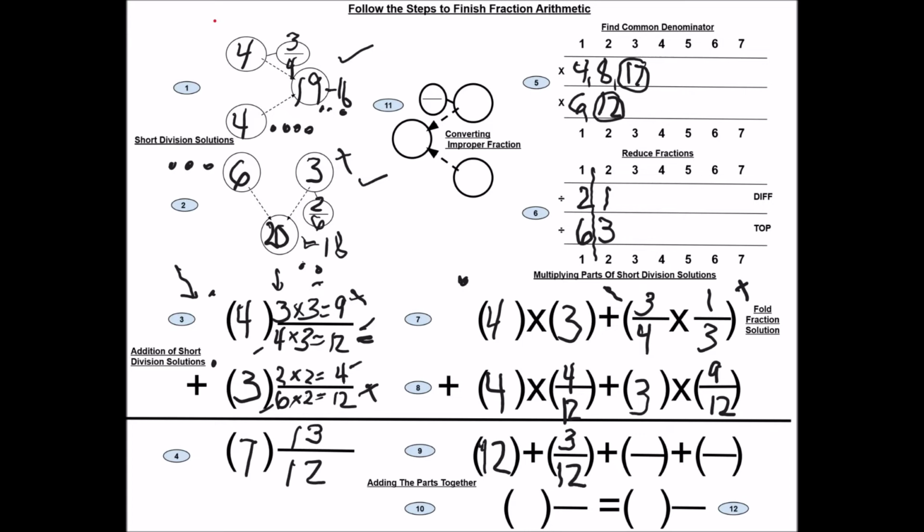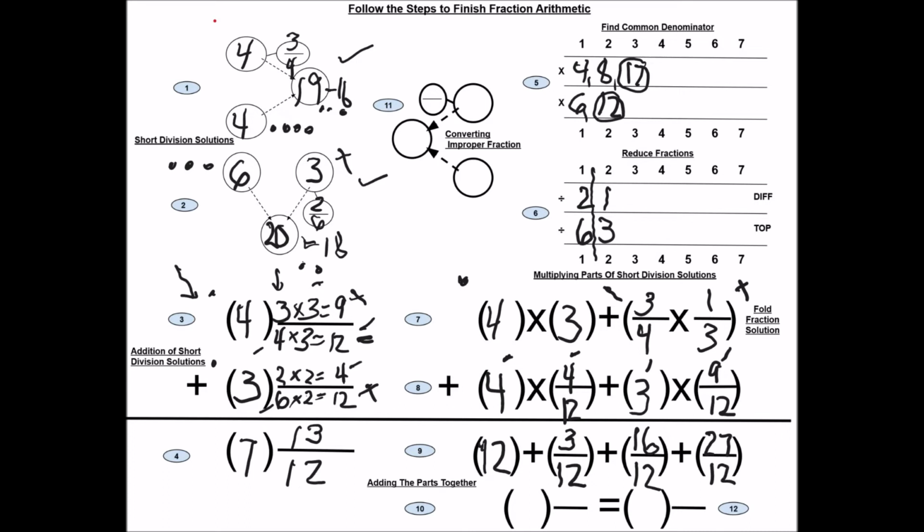And now we do the same thing with the bottom numbers. We have a whole number times a fraction, and you multiply the whole number times the numerator. So we have 4 times 4, which will give us 16/12. And we have 3 times 9, which will give us 27/12.